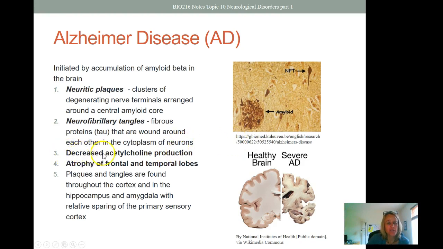We also see decreased acetylcholine production within the brain, and we get atrophy of the frontal and temporal lobes, and that's going to result in that dementia. Plaques and tangles are found throughout the cortex, as well as in the hippocampus and amygdala, but the primary sensory cortex is mostly spared.